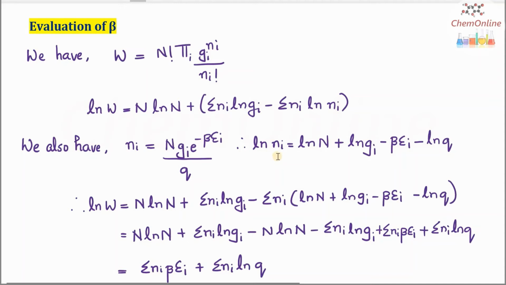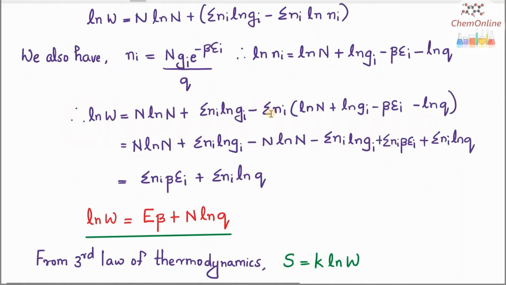So you will get log ni equals log n plus log gi plus log e raised to minus beta epsilon I. So that will be minus beta epsilon I minus log q. Therefore log w equals n log n plus summation ni log gi minus summation ni into log ni. So instead of log ni, write this, log n plus log gi, with this value.